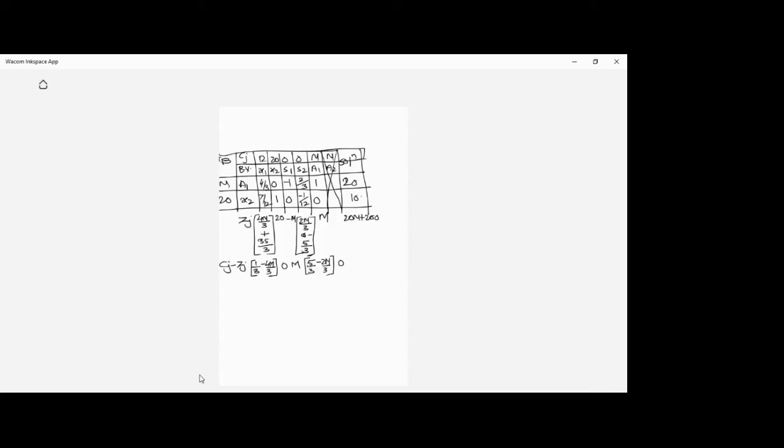Now we'll have to check if all these Cj minus Zj values are greater than or equal to 0 or not. All Cj minus Zj values for the optimality should be greater than or equal to 0. So if you check this 1 by 3 minus 4m by 3, again you can consider the value of m as 1000, right? And again for the last thing also, it is 5 by 3 minus 2m by 3.